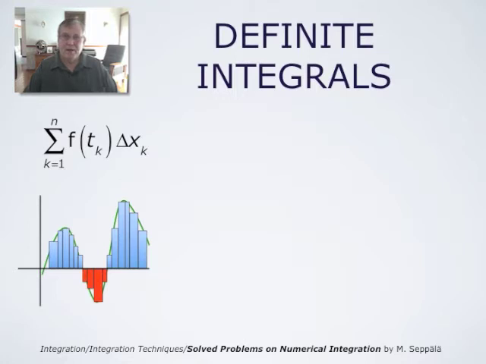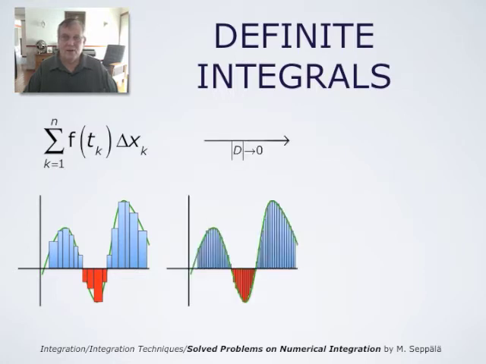So the Riemann sum for a function f over an interval from a to b is of this form: summation k from 1 to n, f evaluated at the tag point tk times delta of xk, where delta of xk is the length of the kth subinterval. The Riemann sum is the combined area of the blue rectangles minus the combined area of the red rectangles.